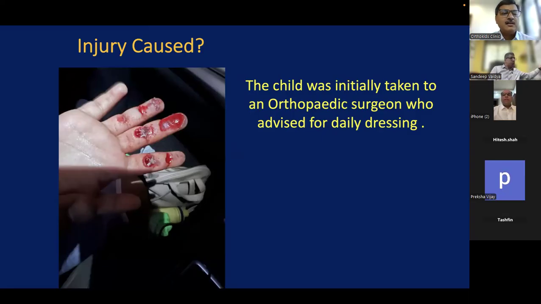So how would you manage this child? By considering the mechanism of injury, of course, this child requires first wound inspection under anesthesia. In that process, we don't remove the dermis, but we definitely give a clean saline wash. And rather than depending on active range of movement at all joints, we better see the child's hand function under anesthesia.